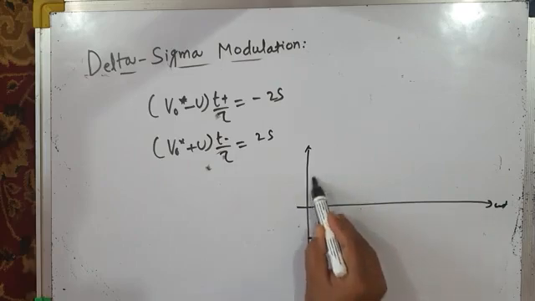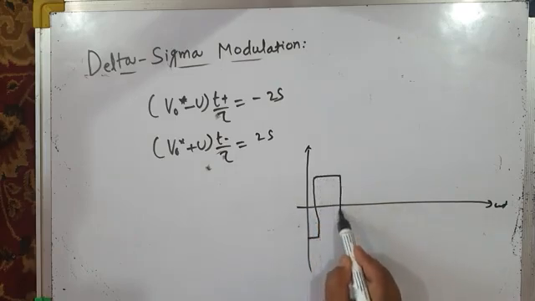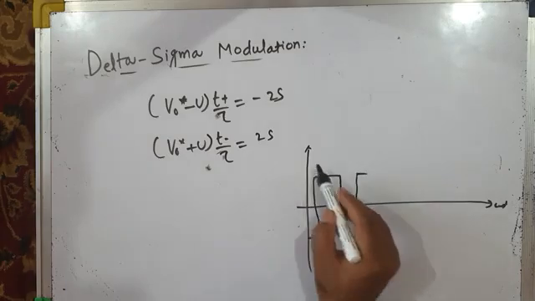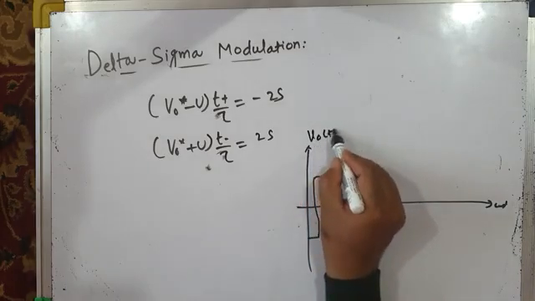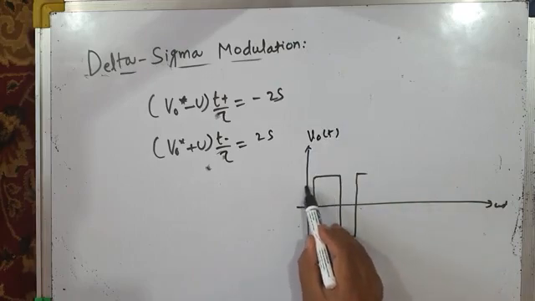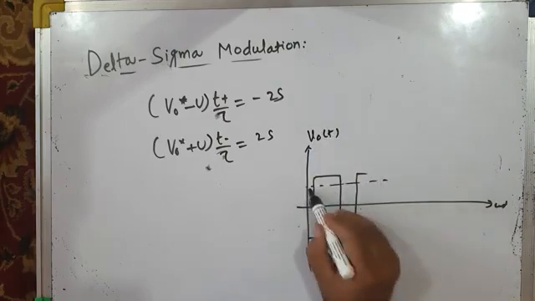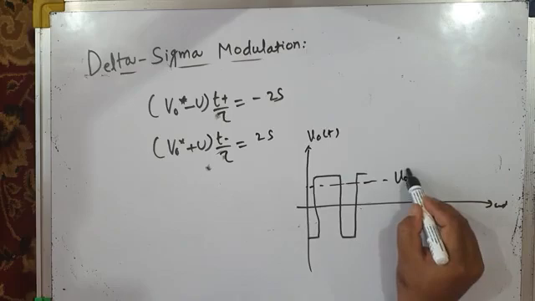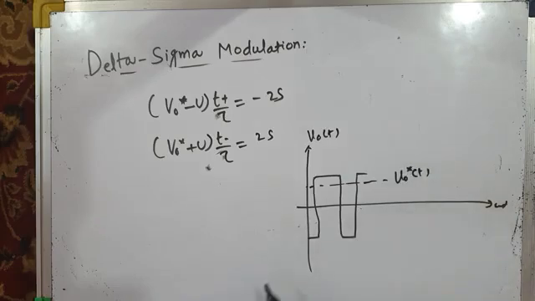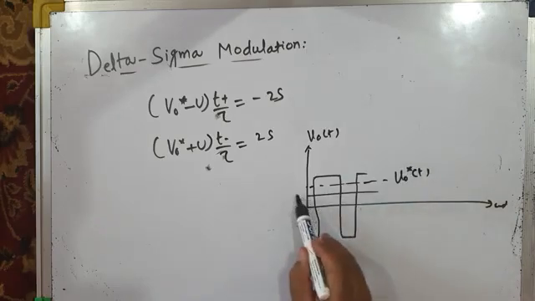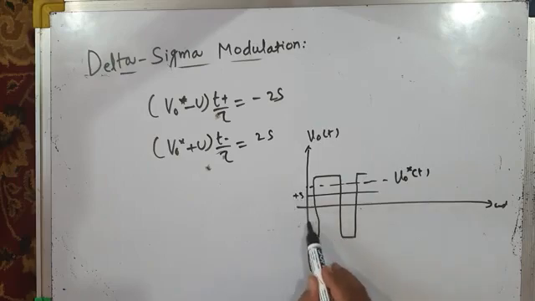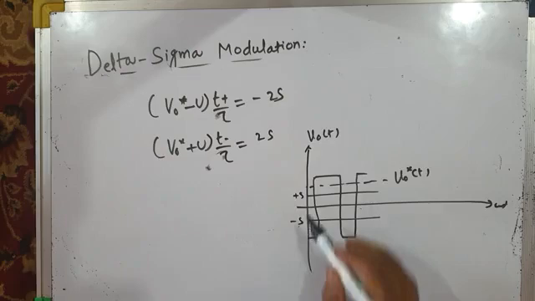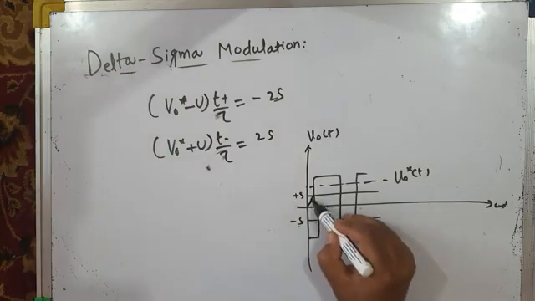This was your inverter output voltage, the pole voltage, of course. This was V0(t), and this was my reference load voltage, V0*(t), and this was the upper threshold value or hysteresis band, plus S. This was the lower threshold value or lower hysteresis band, minus S, and this was sigma.